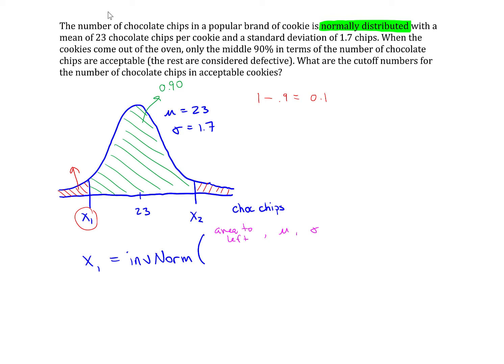If the distribution is perfectly symmetric, and it's supposed to be, then we would have 5% of the area in each of these regions. So the area to the left of x1 is 5%, or 0.05. Then the mean of the distribution is 23, and the standard deviation is 1.7.